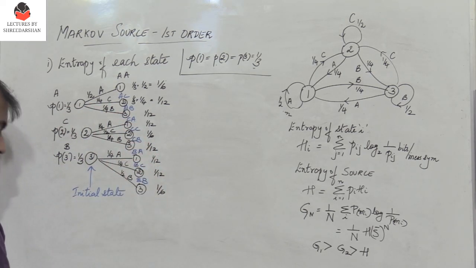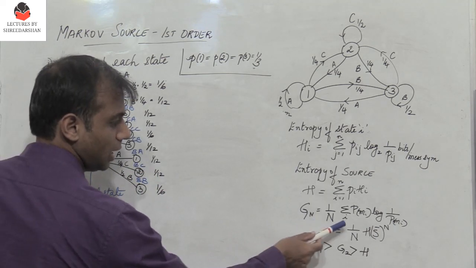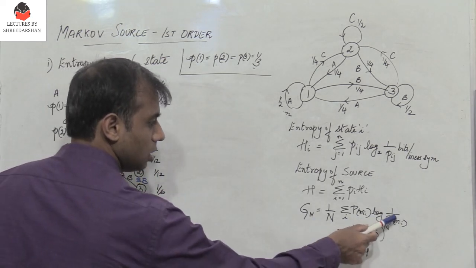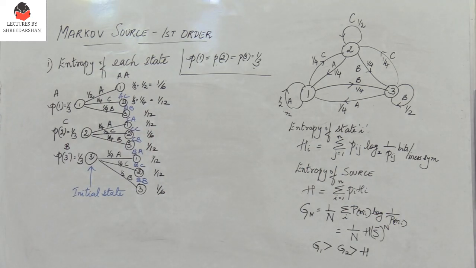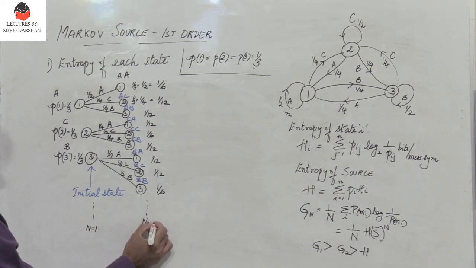Okay. So now what happens to find G1? The general expression is Gn equals 1 by n summation P of mi log 1 by P of mi, of course to base 2. If you are in the initial state, that is stage 1, so here n is equal to 1, and here n is equal to 2, I definitely have to find the entropy.